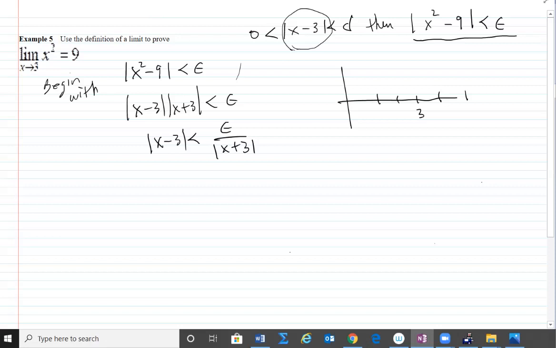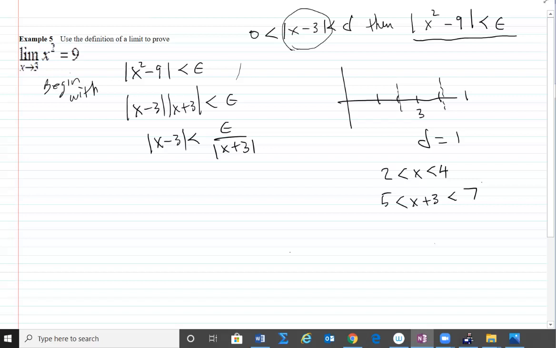And we're going to start off by saying, well, let's choose a delta equal to 1. And we'll adjust that if we need to. That's the idea. So here's my delta equal to 1. And that means that x is in here. Okay, which also means that x plus 3 is in here.